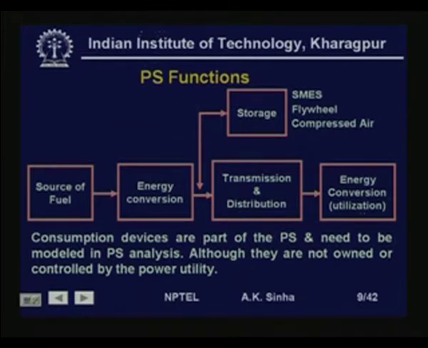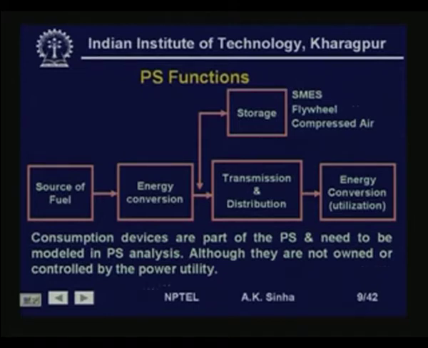So, first we have the source of fuel. This is sent to an energy conversion device, from where it gets converted into electrical energy. Once it gets converted into electrical energy, it is transmitted and distributed by means of wires, that is transmission lines and distribution lines, and goes up to the energy conversion devices which are at the consumer premises.